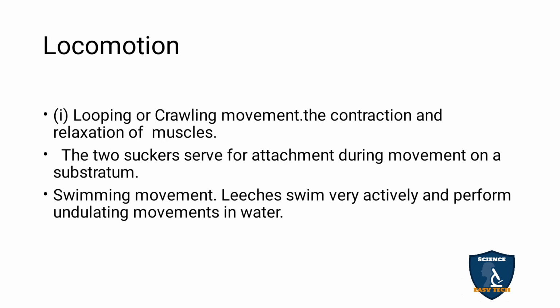Locomotion. There are two types of locomotion seen in the leech: looping or crawling movement and swimming movement. In looping or crawling movement, the contraction and relaxation of the muscles takes place. The two suckers serve for attachment and movement, that is, one is attached to the substratum and another one is moving.